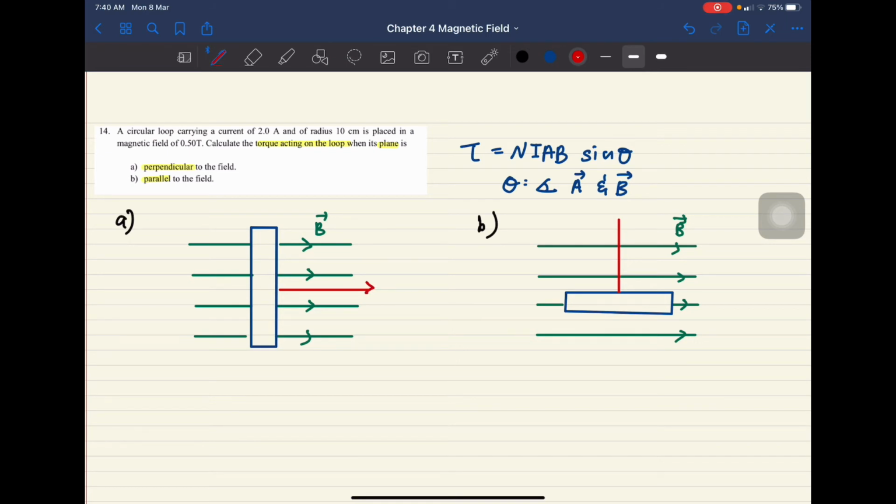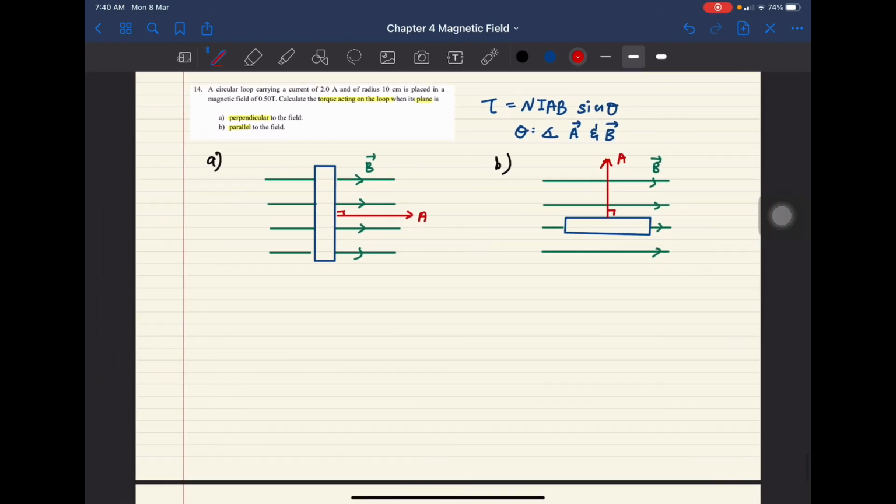So this is my A. It should be 90 degrees to the plane. So you have to read carefully. The question normally they will give you direction of plane, which is this one, and the vector is 90 degrees to that plane. Now you can use the formula.